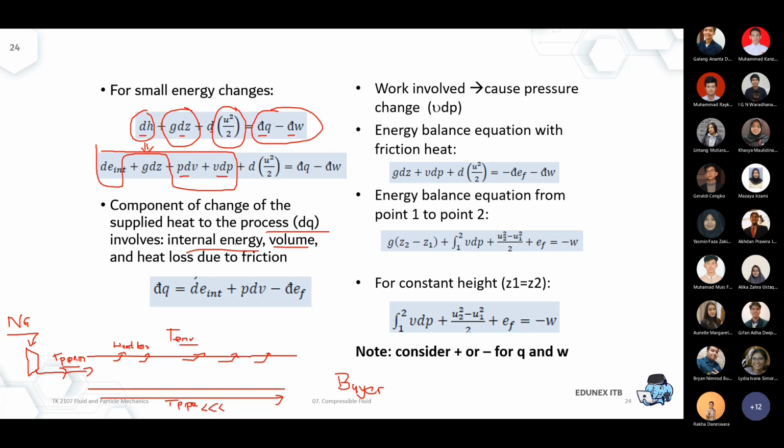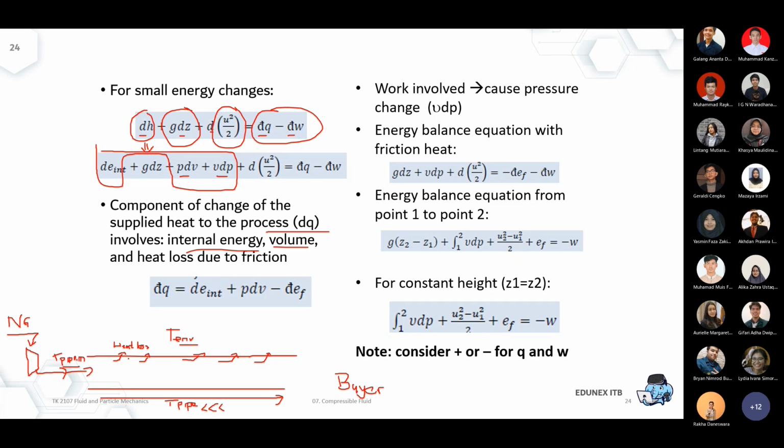So this is the point where it becomes more complex compared to liquid transportation, because in liquid transportation we don't worry too much about heat loss. What we worry about in a liquid transfer system is the pressure drop, the friction. That's what we focus on.